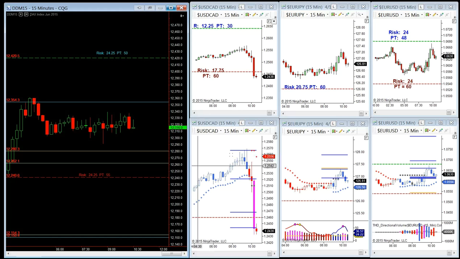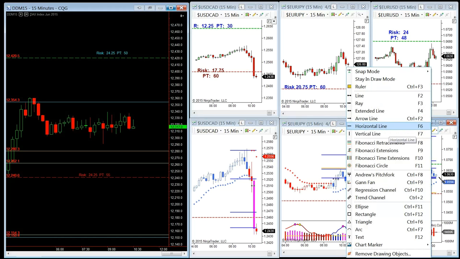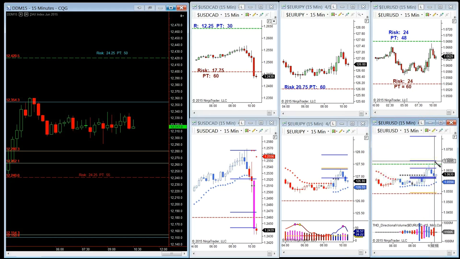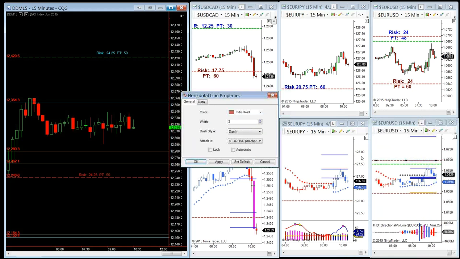Now this is one I'm actually going to use the indicators on. So I'm going to mark it with a solid green line. Oh, 700. And I'm going to mark this one solid, and I'm going to do it in lime green.